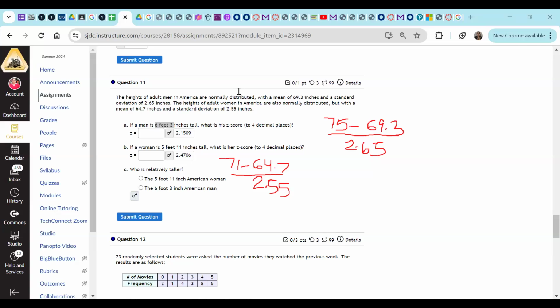Good job, Selena Rodriguez. The woman is 2.47. That's higher. So the 5'11" American woman is taller, because that's 2.47 above the mean, the average height of the women. About to erase and take us down to the next question. Feel free to ask any wonder or thought.